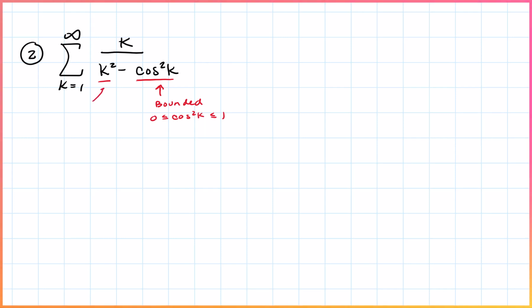Well, k squared grows without bound. If you think about the denominator, it is going to be dominated by the k squared term. As k grows and grows, cosine squared of k isn't going to make much of an impact on the denominator.